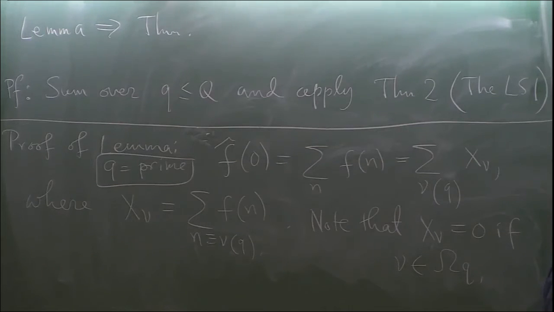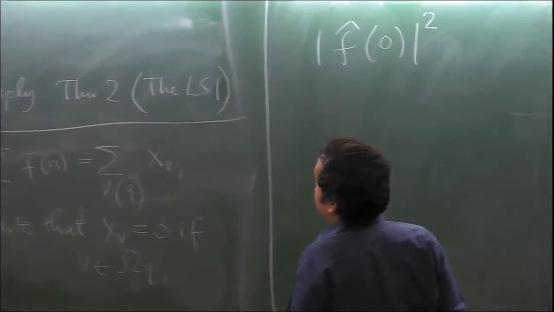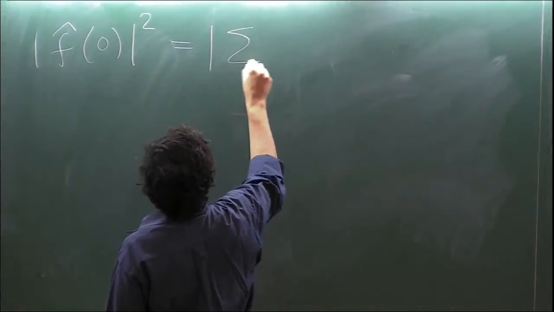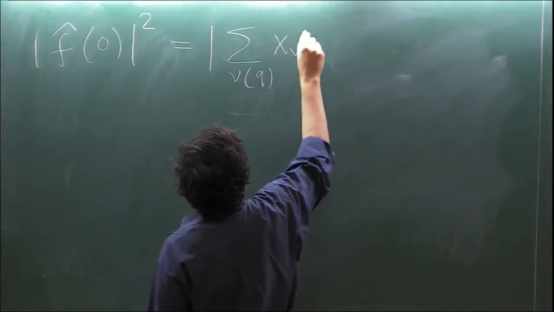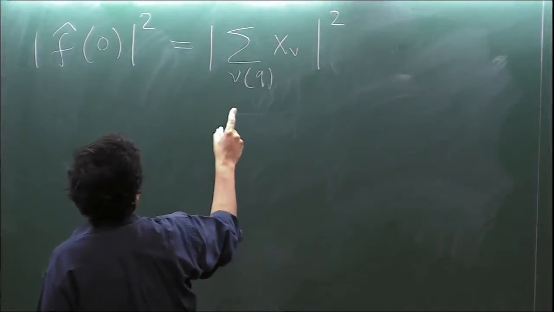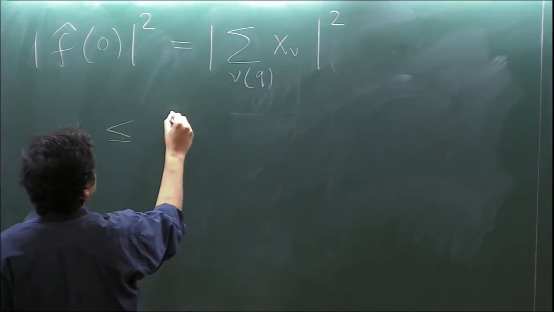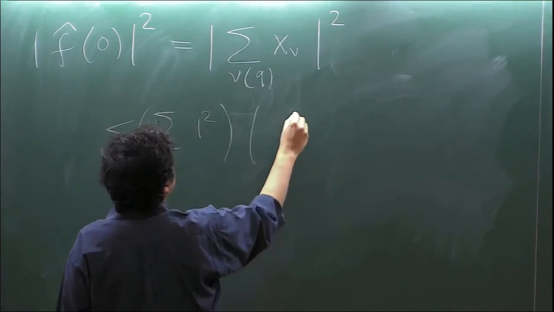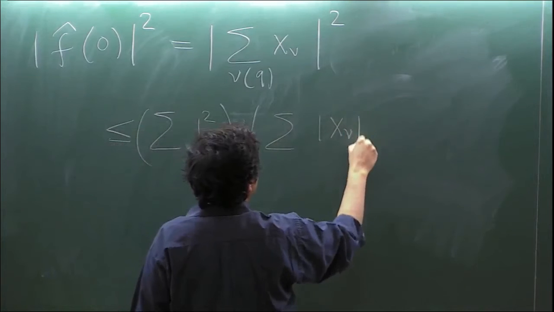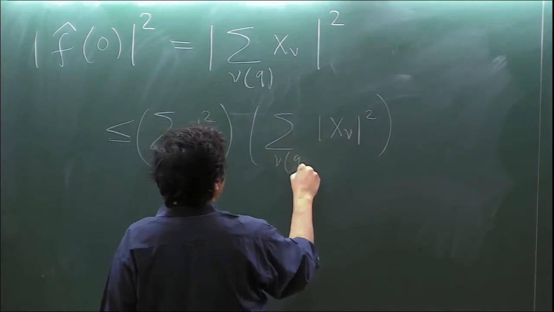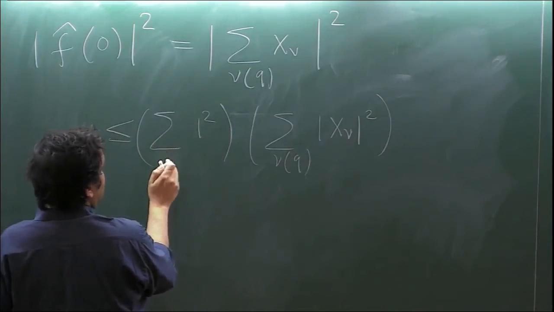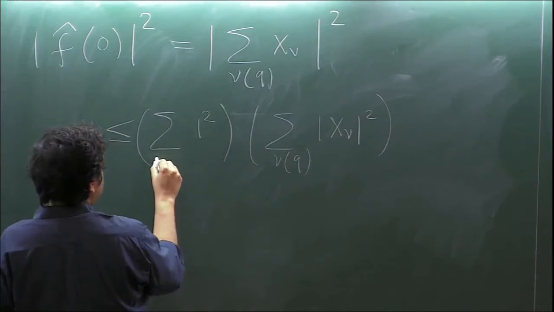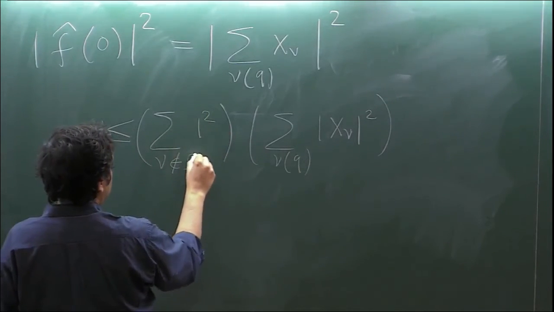Okay, and now write f hat 0 squared equal to the sum over nu mod q of x nu, squared. And I want to use Cauchy-Schwarz here. So it will be the sum of 1 squared times the sum of x nu squared over nu mod q. And here, instead of writing nu mod q, I can write nu does not belong to omega q.